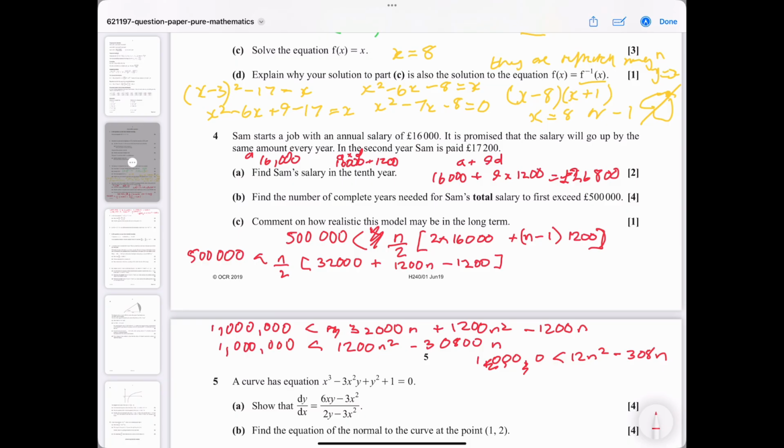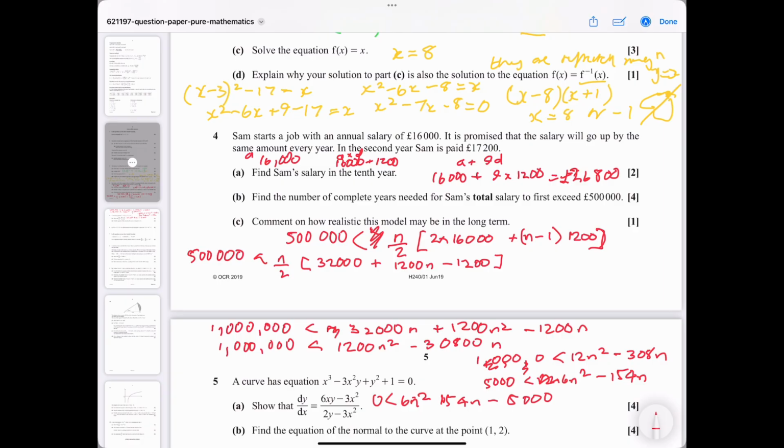So we can divide both sides by 2, so that's 5,000 less than 6n squared minus 154n. So let's now go 6n squared minus 154n minus 5,000.